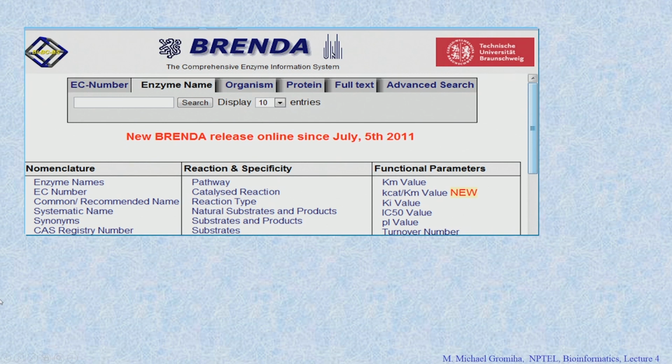Then there is a database called BRENDA, because enzymes are a wide variety of proteins with different functions. In order to give importance to these enzymes, they developed a database called BRENDA. BRENDA is the comprehensive enzyme information system, developed in Germany.